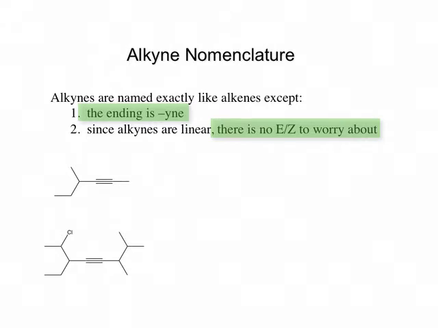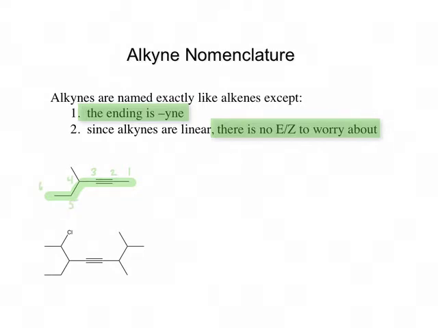So starting with this first one, it looks like our longest chain will be the one right there. We want to number it to give the triple bond the lowest possible number, and so what we're going to do is start from the left right here. So there's 1, 2, 3, 4, 5, 6.